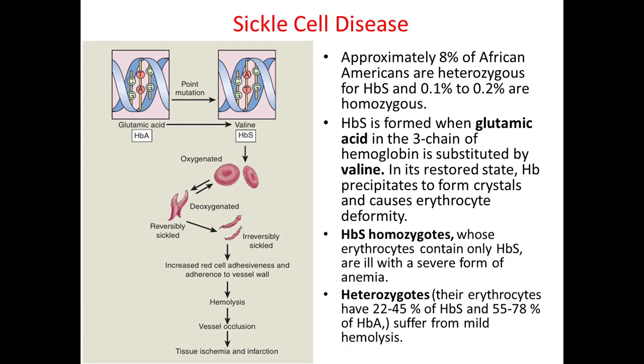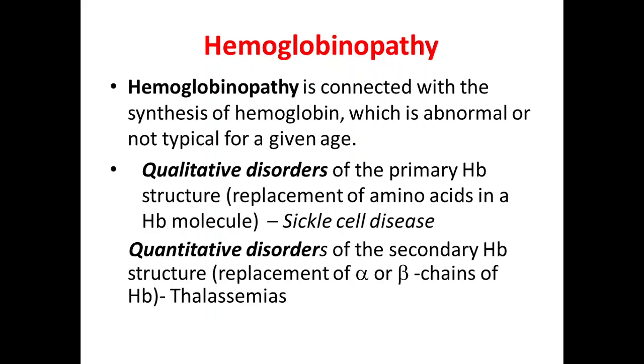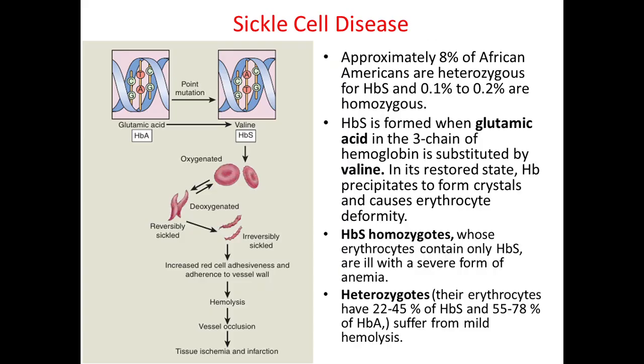In sickle cell disease, or qualitative disorder of hemoglobin, hemoglobin S is formed because glutamic acid in the third chain of hemoglobin is substituted by valine.